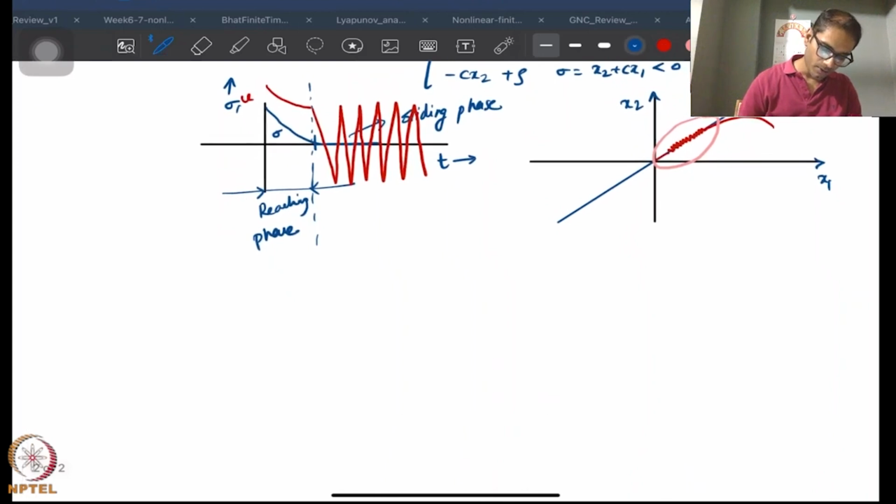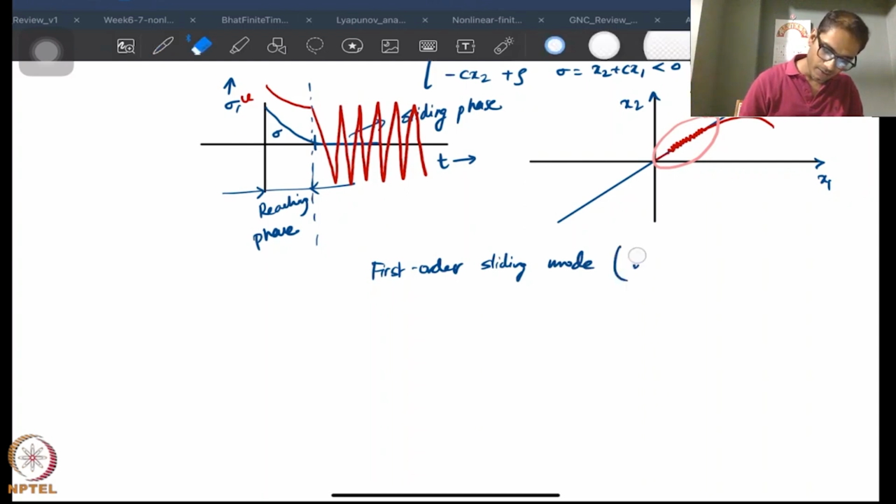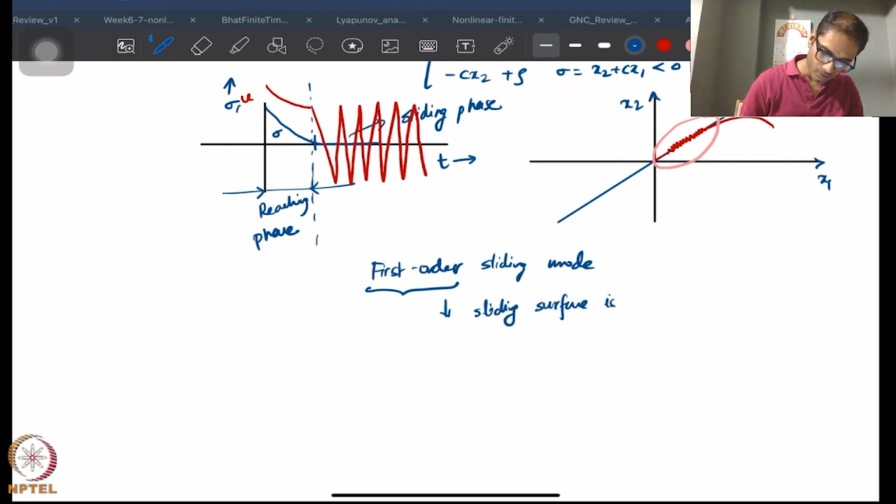So the problem is in first order sliding mode. Why is it first order sliding mode? First order means the sliding surface is one dimensional.